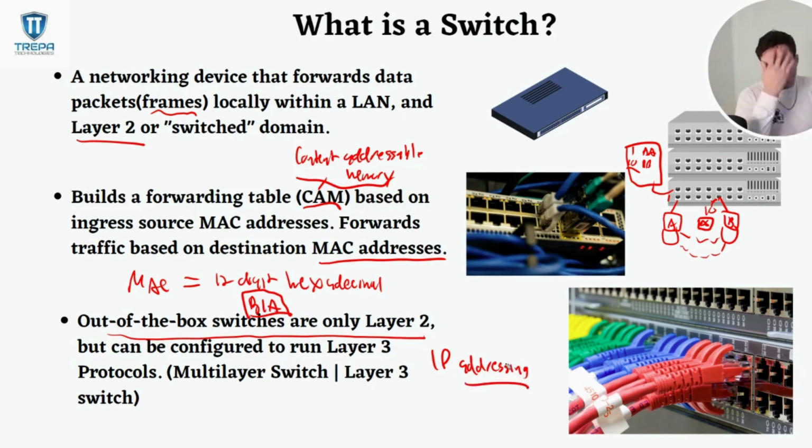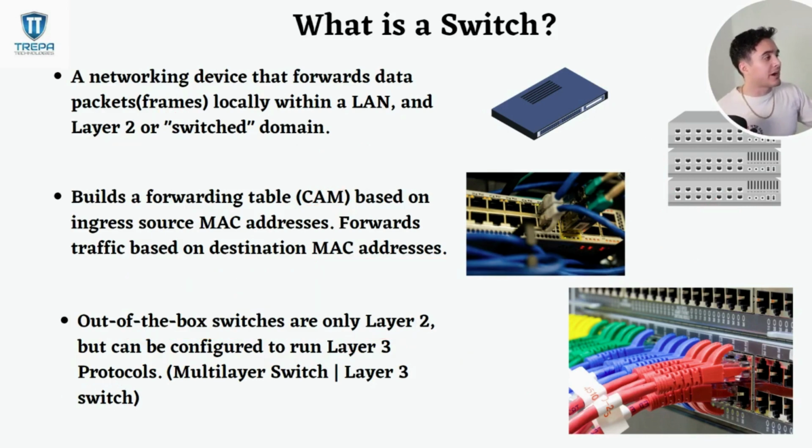So you can turn a switch into what we call a multi-layer switch, where it also performs routing. Again, out of the box it's layer 2, but it can be configured to run layer 3 protocols. And that will include routing protocols and other features that are IP based.